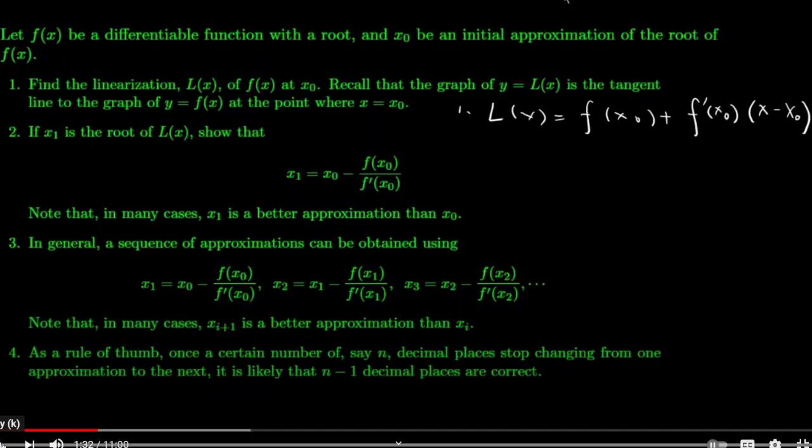So we just learned that, right? The linearization of the function at x0: you just replace a with x0. Now, the idea of Newton's method is to use the root of the linearization of the function to approximate the root of the given function f of x.